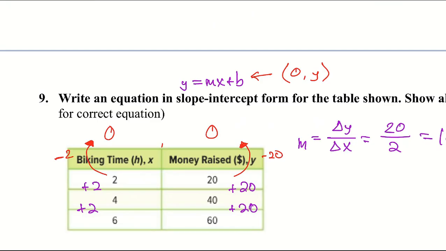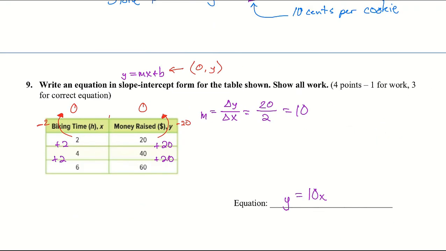So this is going to end up being 0, 0. So your y-intercept is actually 0 in this particular case, just because when x is 0, what is y? Right? So that's one way to do it.